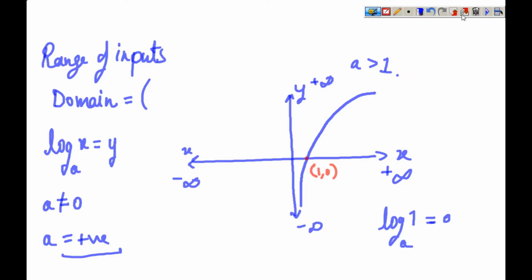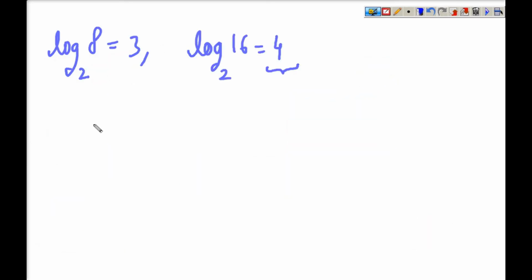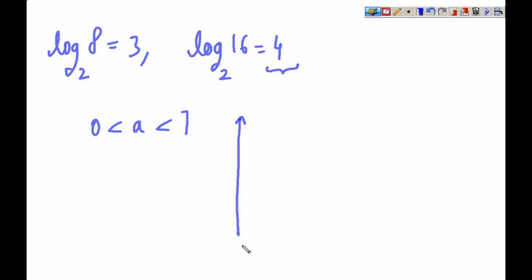So what if a is greater than 0 but less than 1? The graph will look something like this.